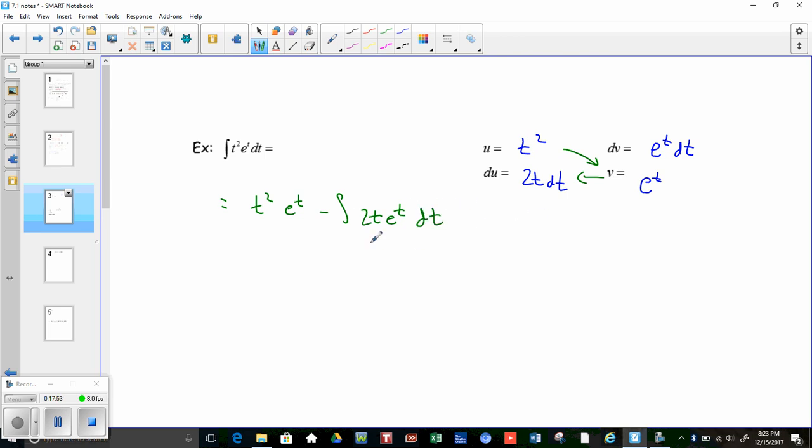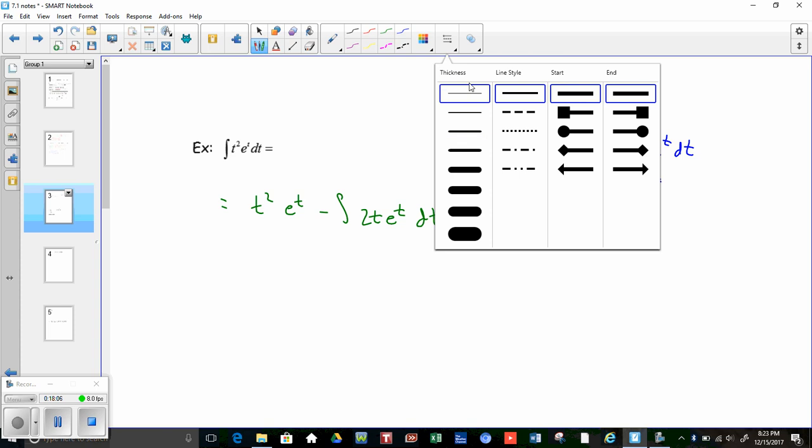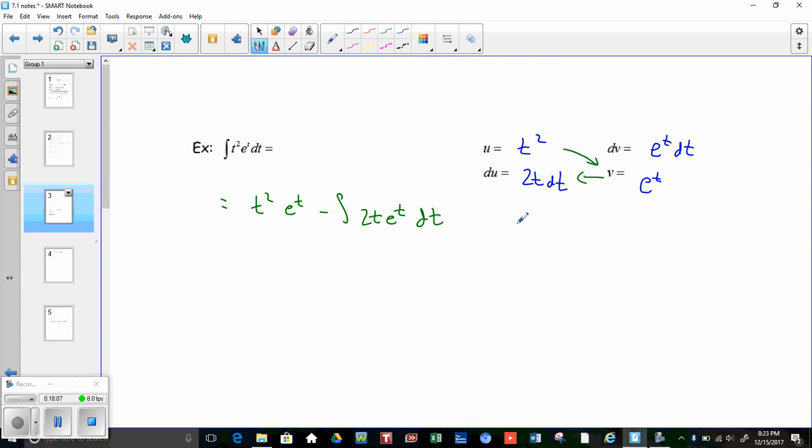The problem is now I'm actually left with another one of these things which I cannot integrate yet. So what that means is, yes, we have to do it again. So we're going to have to perform another integration by parts. This is not that uncommon. So this piece stays the way it is. We're just going to take this and do another integration by parts.